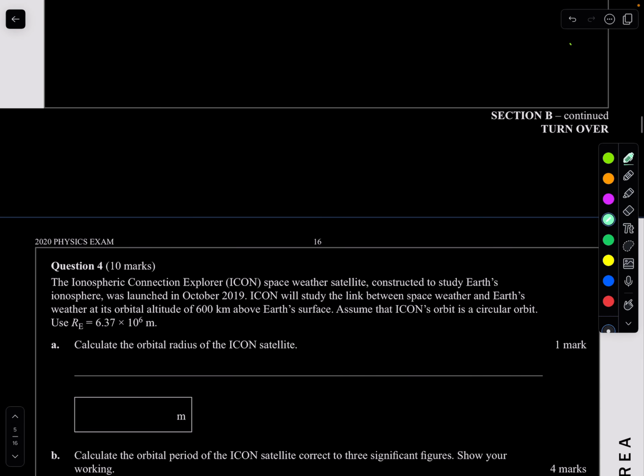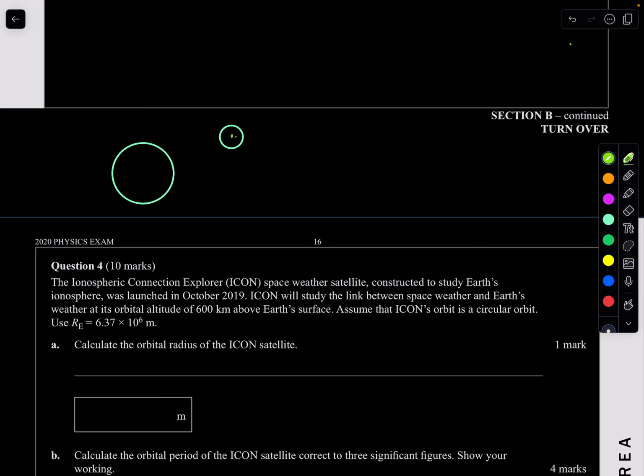Nice and easy question. So, let's just draw a diagram. Be careful, because they said altitude, you need to look at this. Say we have the Earth, and we have the satellite. Now, we're actually given the altitude above the Earth's surface.